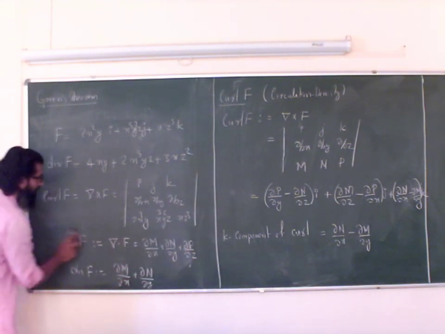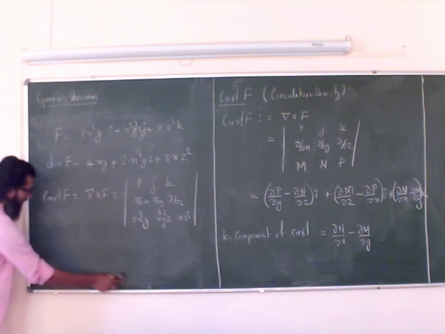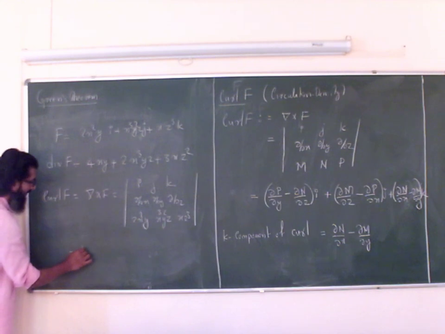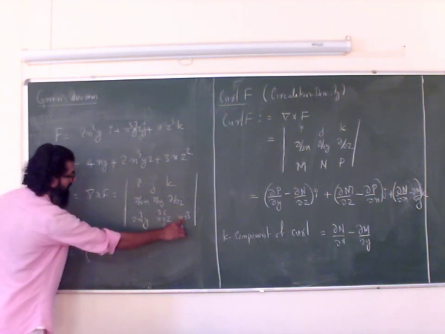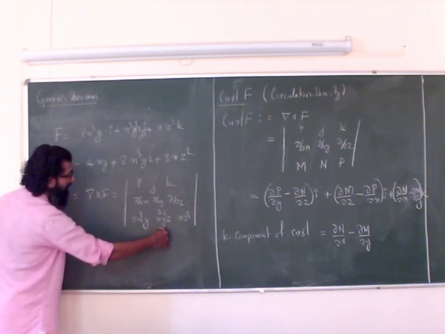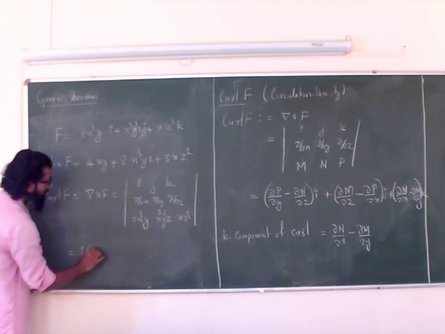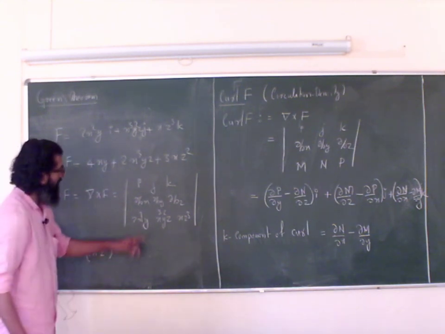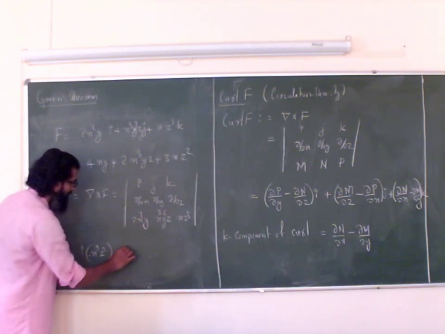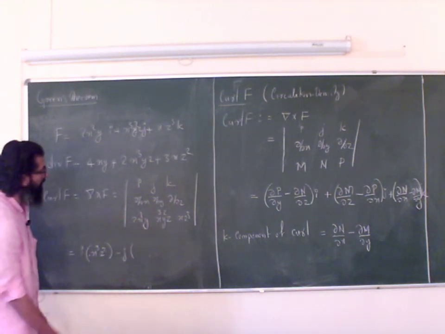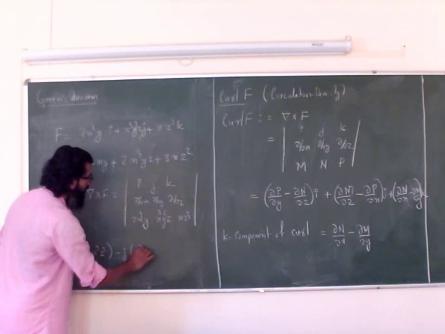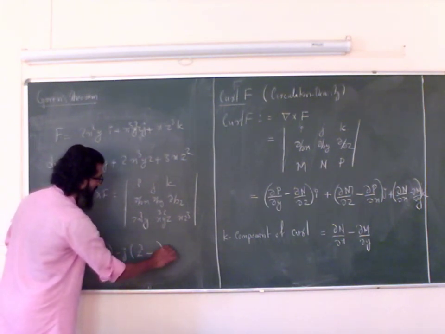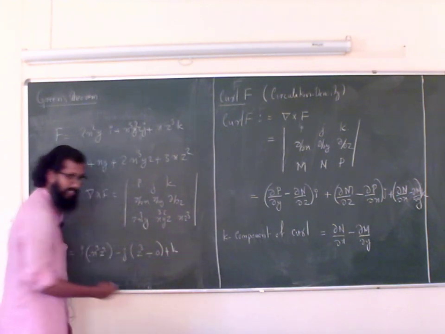So we can evaluate that, and I'm directly evaluating that. That is equal to i times, so this is 0 minus, this is x cube minus x cube z square, and then minus j times, so what I have is z cube minus 0 plus k times, is there any mistake?